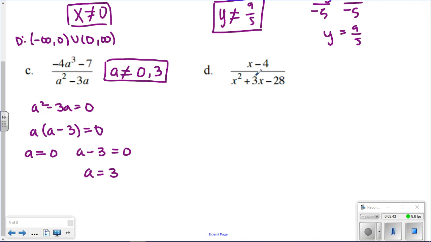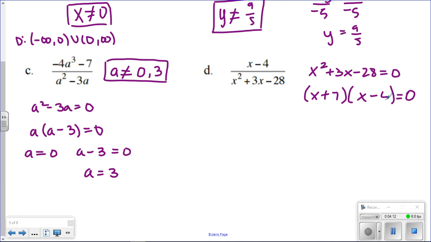All right, let's look at D. So we're looking at the denominator here. X squared plus 3x minus 28 is equal to 0. So we want to figure out what x cannot be. Well, this looks like a simple ABC, so I want to factor it. So I have my x and my x. And I'm thinking of two numbers that multiply to negative 28 but add to positive 3. That would be positive 7 and negative 4.